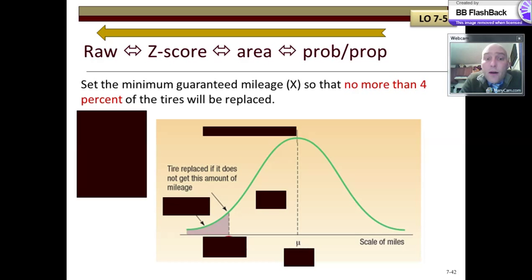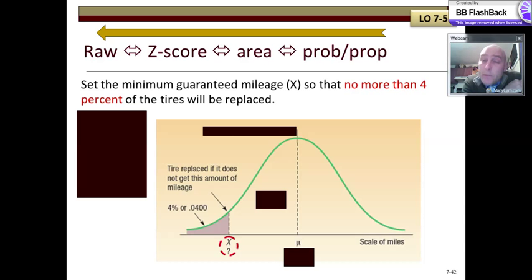We put that marker there and say if the tire does not last that long, we're going to replace it. Every tire over here, those tires that only last 30,000 miles or 35 or 50 or 55,000 miles, whatever, these are the ones that we're going to replace. But that area, whatever that cutoff mileage is, can't be more than 4%.